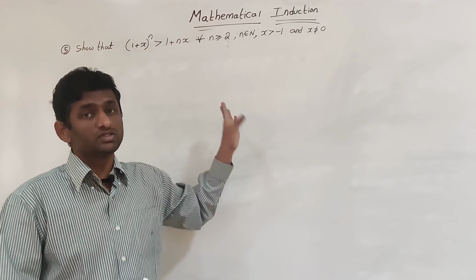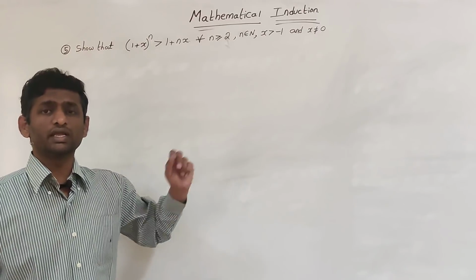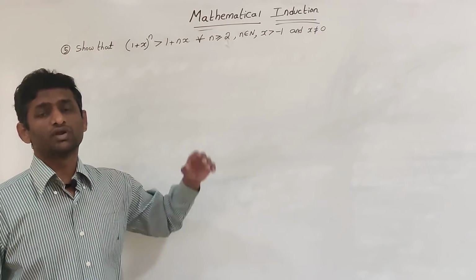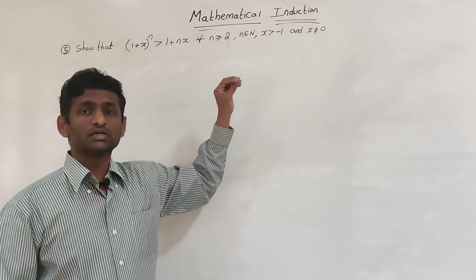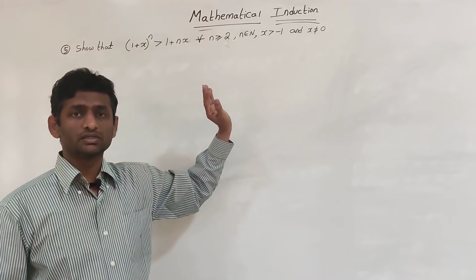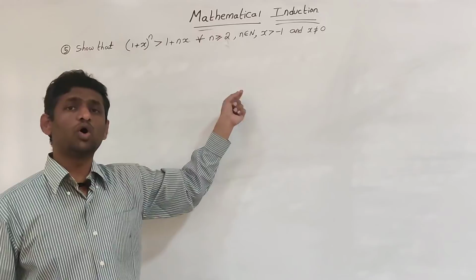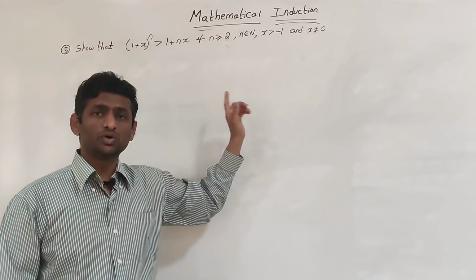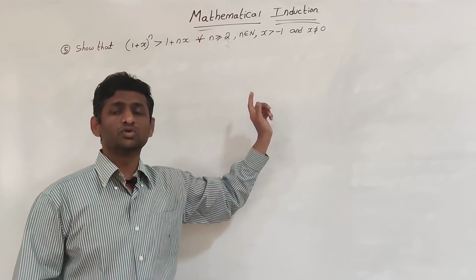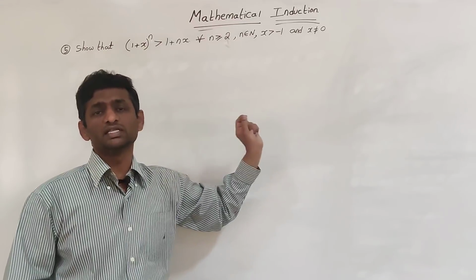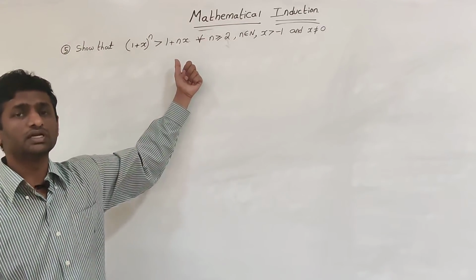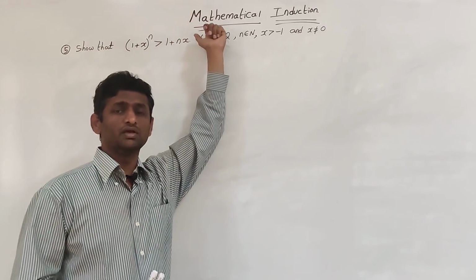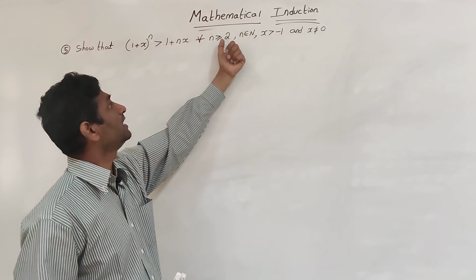Why we took n is equal to 1 is that in the previous problems, the statements were true for all natural numbers, and natural numbers begin with n is equal to 1. But here, if you observe, it is a statement starting with n is equal to 2.